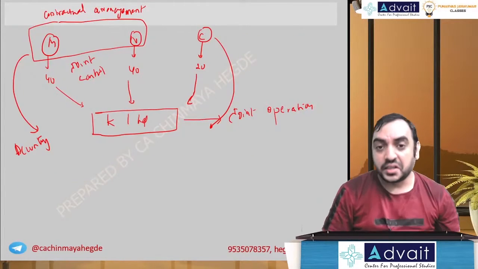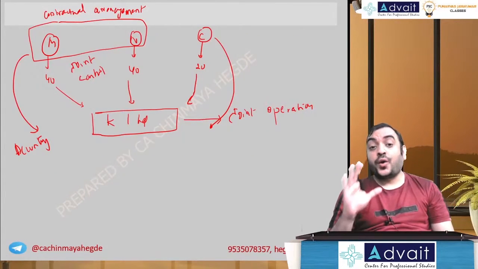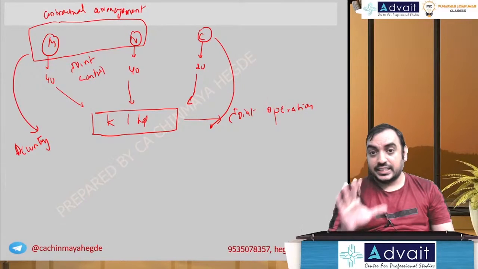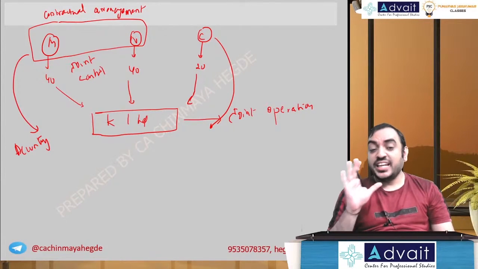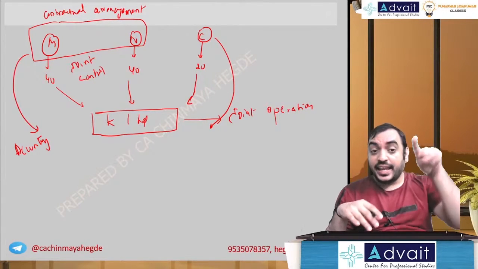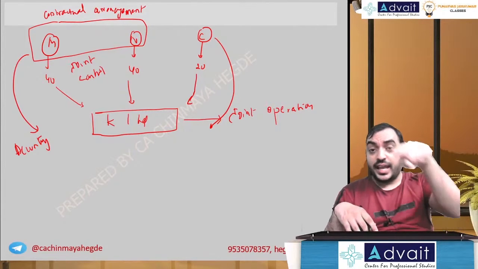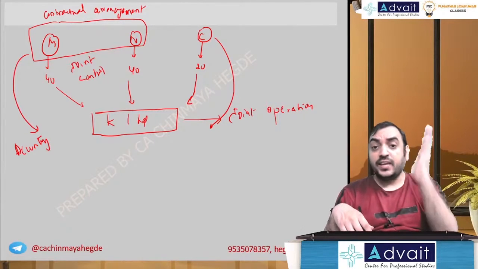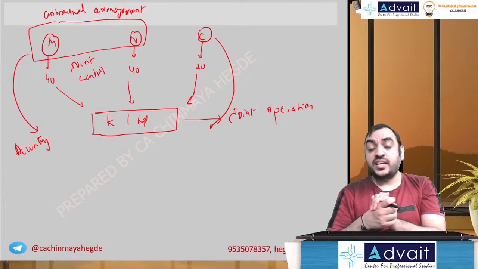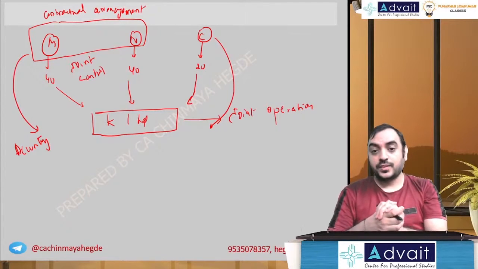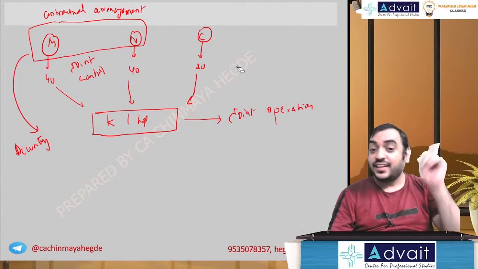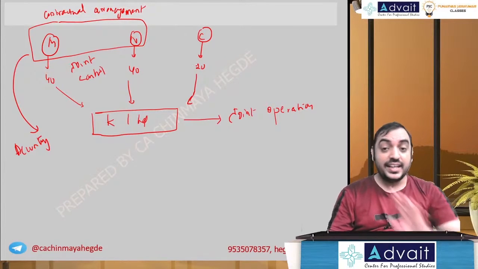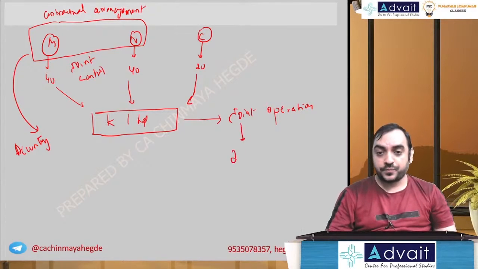Okay. So what does the standard say? See, if it was a joint entity, if it was not a joint operation, if it was a joint entity, M has a joint venture, N has a joint venture, they will prepare consolidated financial statements as per Ind AS 28. But joint operation means Ind AS 28 will not apply, Ind AS 111 will apply.